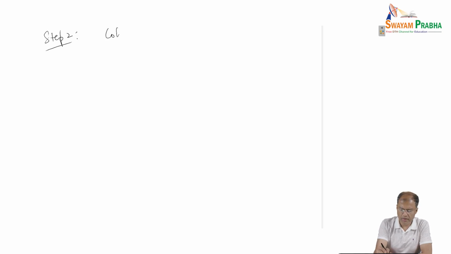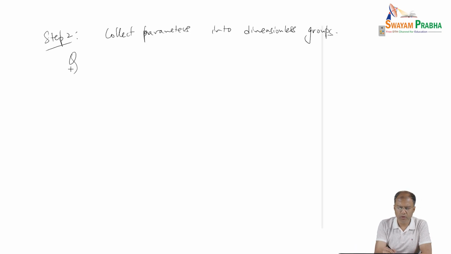So collect parameters into dimensionless groups. So the question here that we had to answer is, how are we going to collect it?